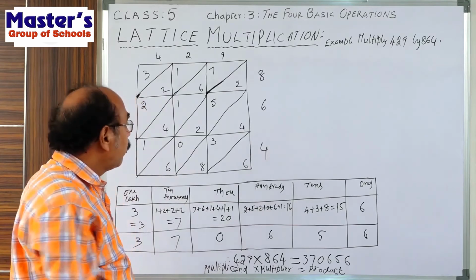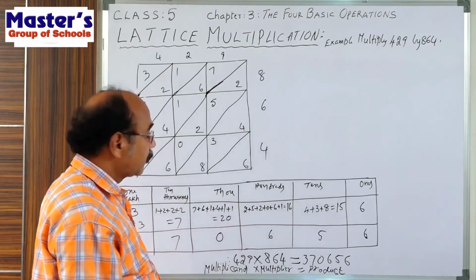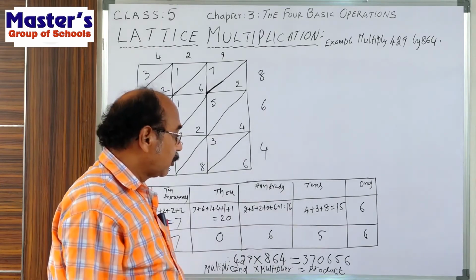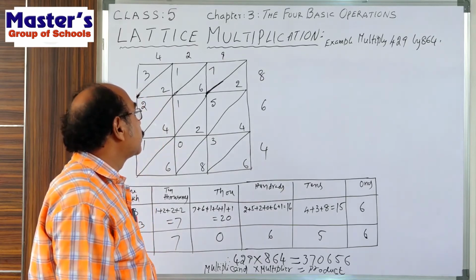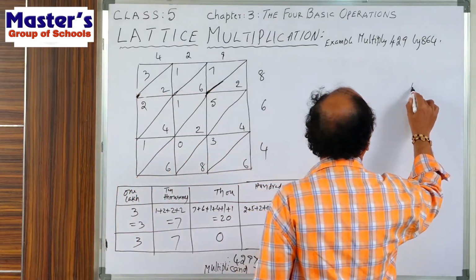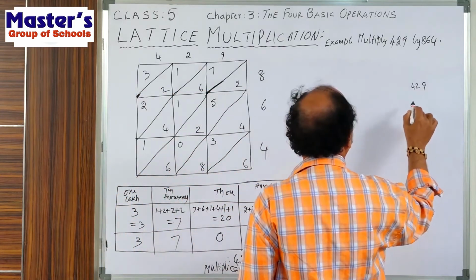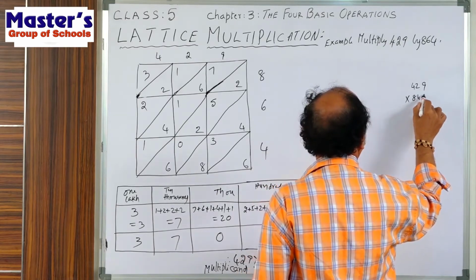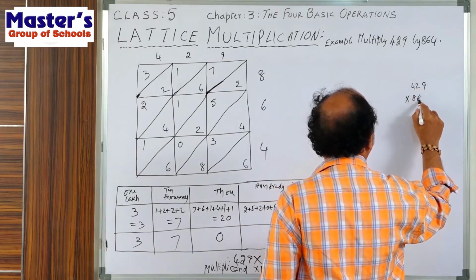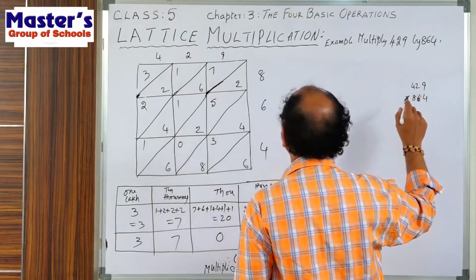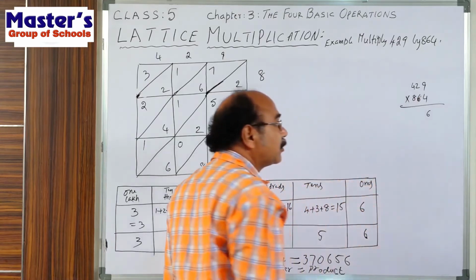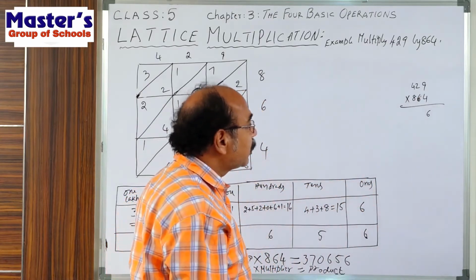Now, come to the ones place. 429 is multiplied by 864. We get a 6 in the ones place. Here you see, when 429 is multiplied by 864, then 4 9s are 36. 6 you are getting now. 4 9s are 36.